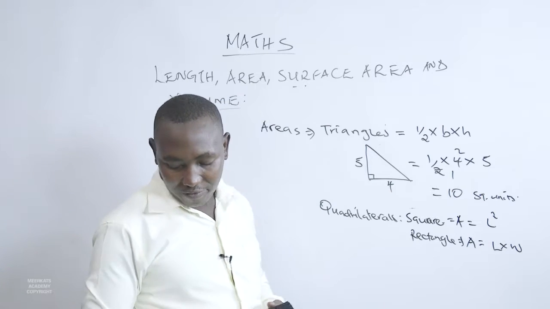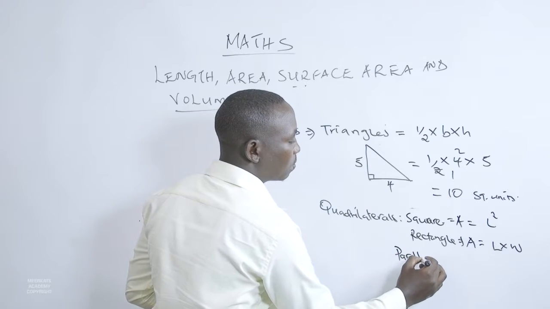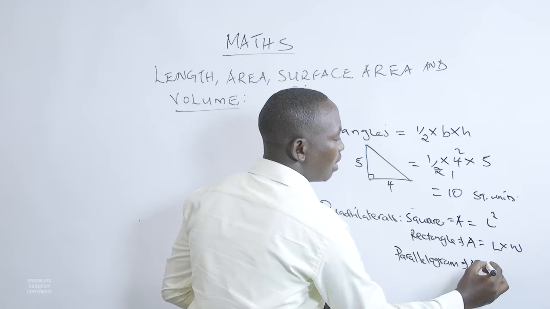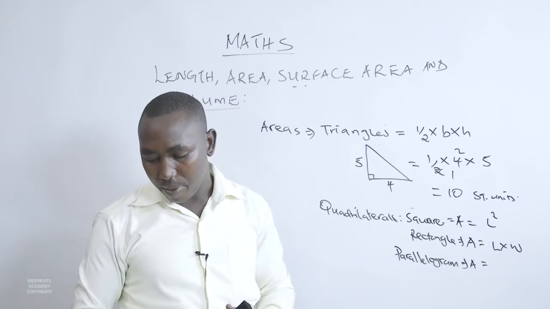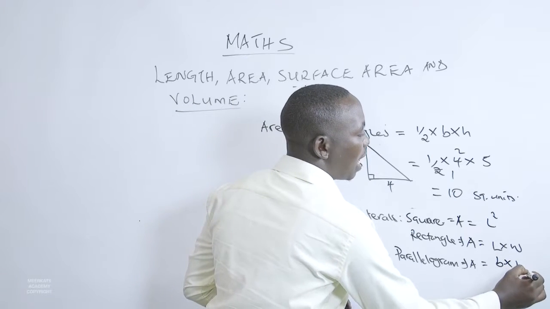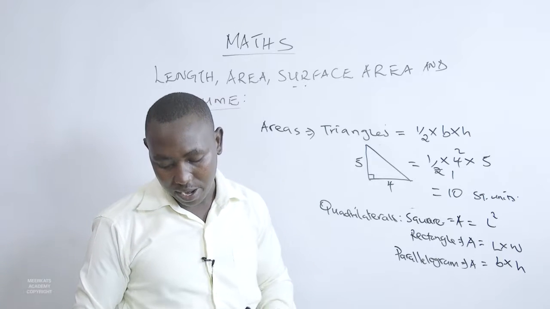We can also have a parallelogram, for which we said that the area of a parallelogram will be given by the base multiplied by the height of that particular parallelogram.